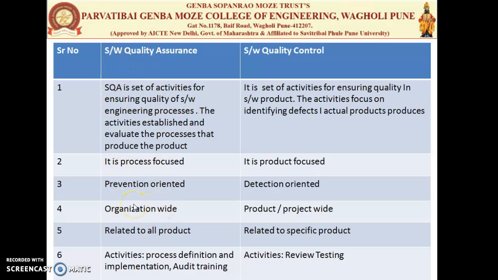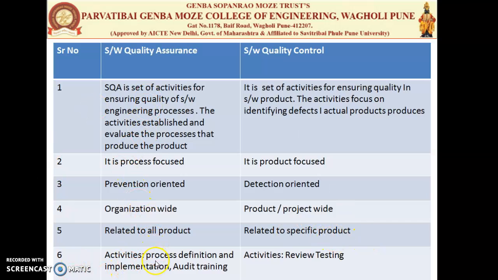All the processes under the organization need to apply the SQA. Likewise, software quality control is product wise or project wise. Whatever projects and products we are taking into consideration need to apply quality control. The next is that SQA is related to all products in the organization, and quality control is related to the specific product.